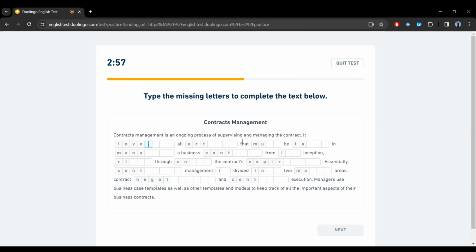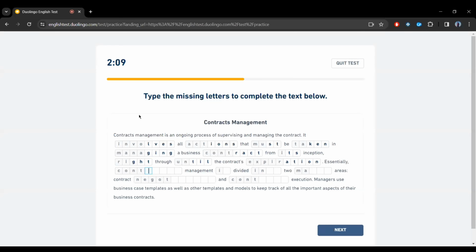Contract management is an ongoing process of supervising and managing the contract. It involves all actions that must be taken in managing a business contract from its inception right through till the contract's expiration.